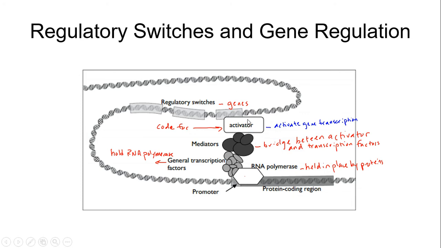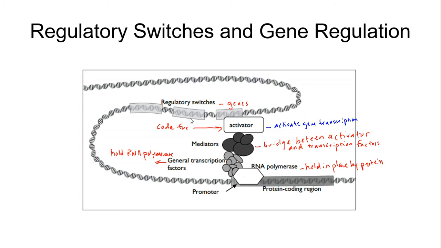The activator is going to activate gene transcription. That is coded for by switches. So there are all these regulatory switches here that each produce a different activator protein. When the activator connects to the mediator, it changes the structure of the mediator, which then changes the structure of the transcription factors, and the RNA polymerase is permitted to leave the promoter and copy the gene.